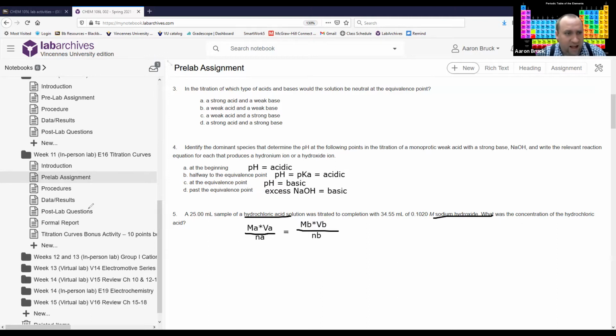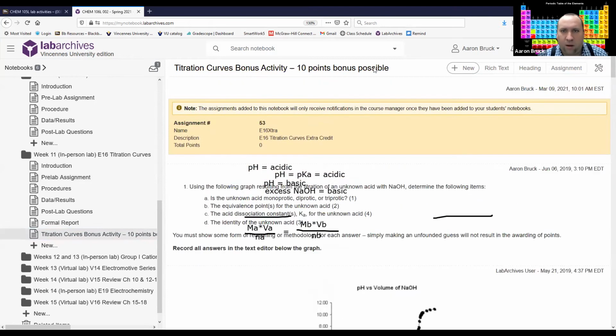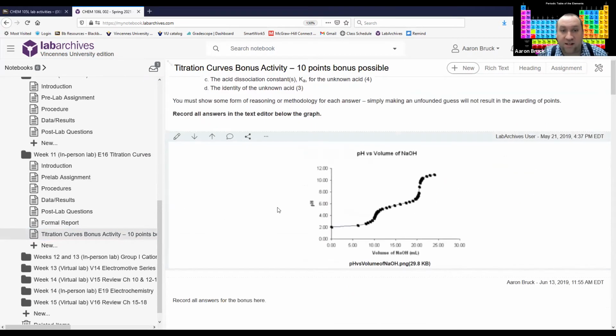And so as far as this is concerned, that's all that we need for this particular pre-lab assignment. If you have any questions, feel free to reach out to me. There's lots of other goodies here in the lab itself, but those will be addressed on lab day, including this little gem right here, the extra credit assignment, which is all about the same kind of stuff that we were talking about.